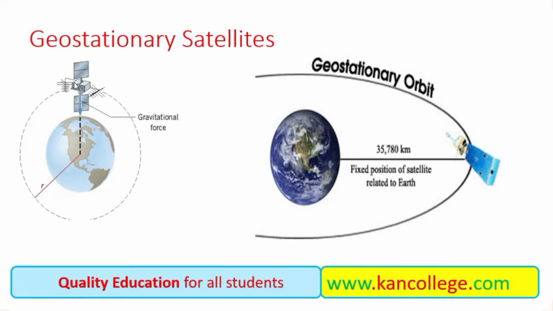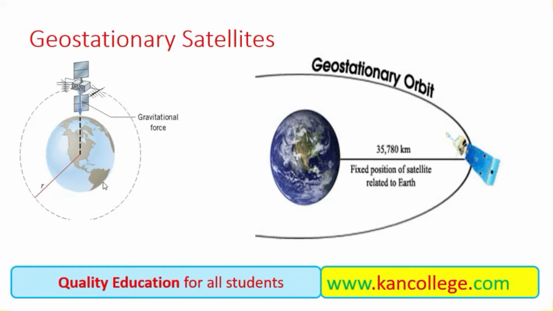If the speed of rotation of the artificial satellite is such that the point located on the Earth in front of the satellite always remains in front, that is, if the speed of rotation of the Earth and the speed of rotation of the satellite are such that the time period for both becomes equal.